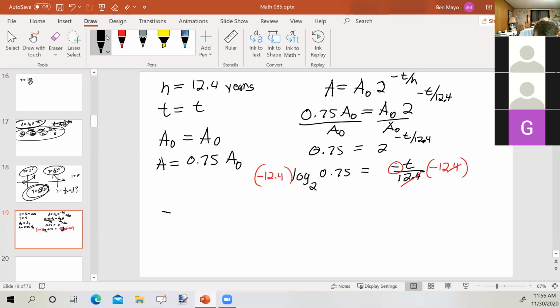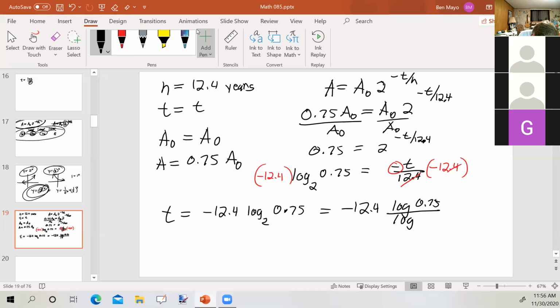So now T equals negative 12.4 log base 2 of 0.75. But I can't put that into my calculator without using the change of base formula. So this becomes negative 12.4. I'm going to use log base 10. So the log of 0.75 divided by the log of 2.